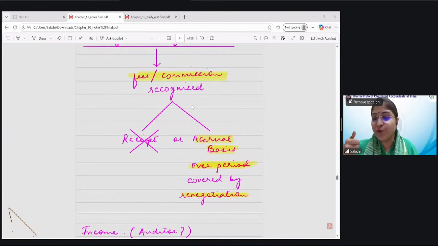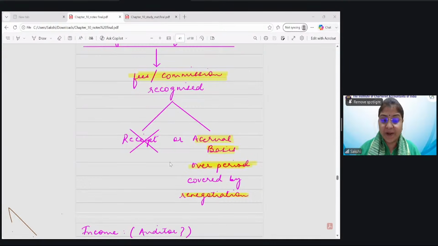Whatever the reschedule period has been negotiated at, the entire fees will be spread over the period. Proportionately over the period. Yes, you can say that. Okay. Achal, whatever is the period, you will spread it accordingly. Is this clear, Achal? You are just rescheduling the extension of credit.